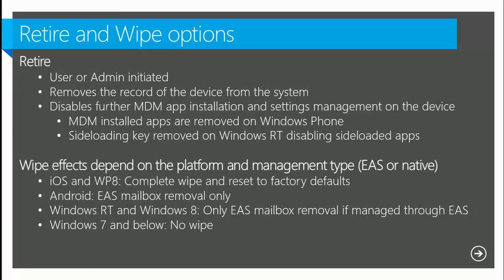When you disenroll or remove the device, we actually will remove that sideloading key. The effect that has is, although the apps remain, any app that was sideloaded will not be able to be launched. The rationale for the Windows team is that on most of these platforms, like with Windows Phone, when you remove the app, the data that's with that app is also removed.